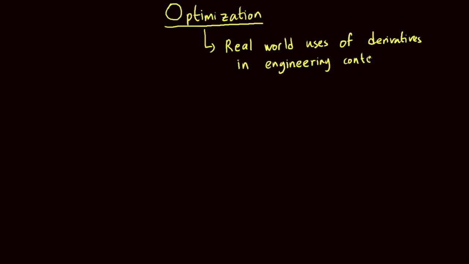There will be a couple of things that we'll be covering in optimization before we actually go and look at some problems. The first we want to cover is higher order derivatives.